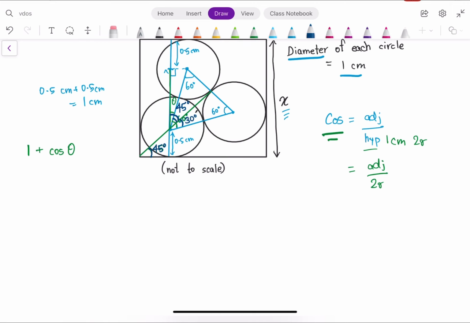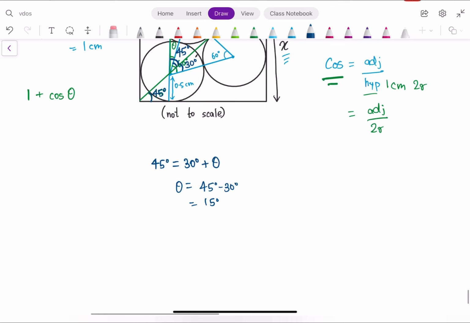Since the entire angle is 45 degrees totaled, then that means 30 degrees plus our theta has to give us 45 degrees. So theta is 45 degrees minus 30 degrees, which gives us 15 degrees. Now, all we have to do now is find the value of cos theta and add 1 to it.